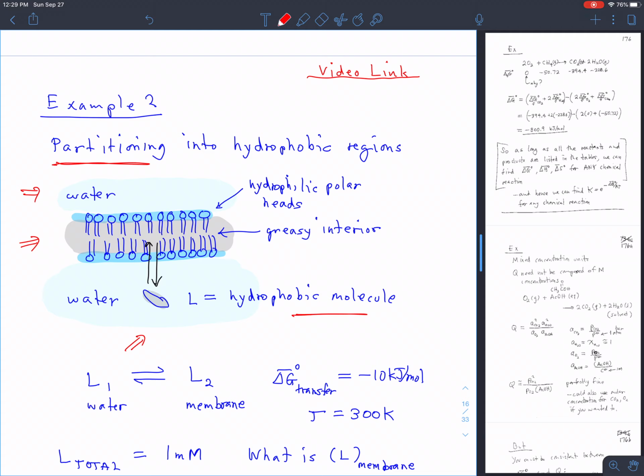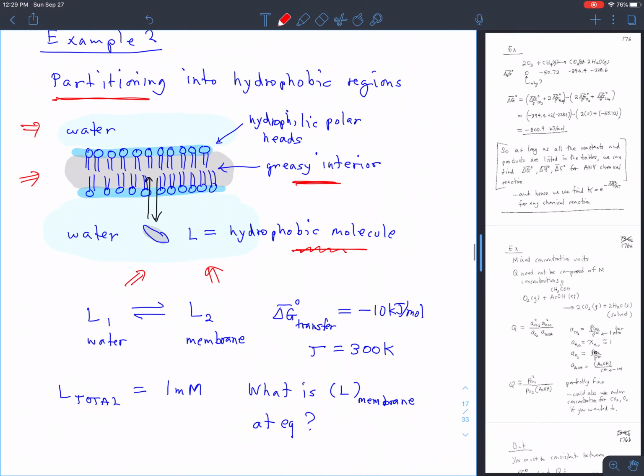In this example, it doesn't have to be hydrophobic, but let's suppose it is, which means that using the like dissolves like rule, we should expect that this hydrophobic molecule will be more soluble in the greasy interior of the lipid membrane than it is out in the polar hydrophilic water phase.